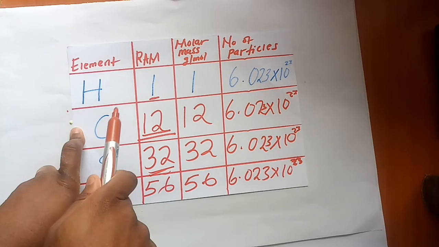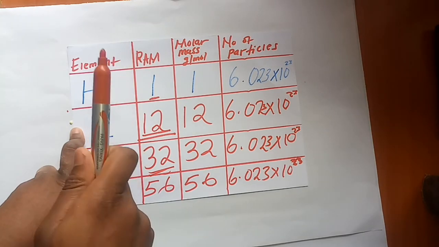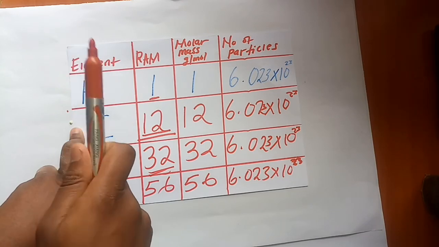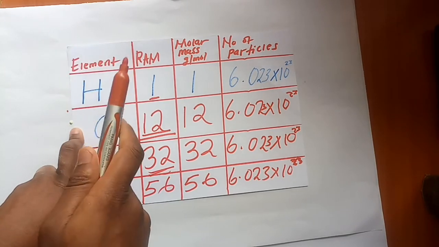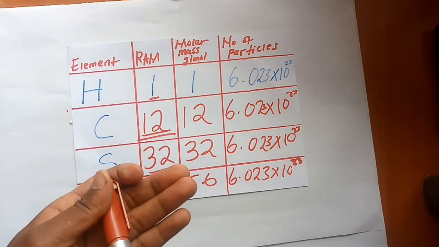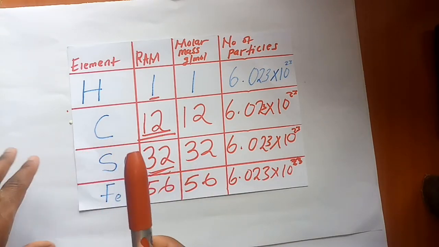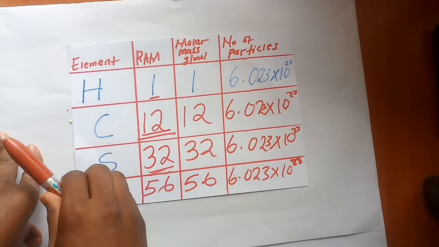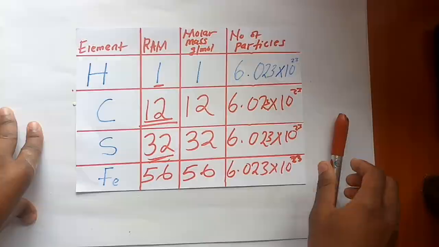Student, when you're given the RAM, remember, you've been given the mass of 1 mole of the atoms of that particular element. So, now come with me and see how we can calculate the number of particles in any mass of a given element or substance.